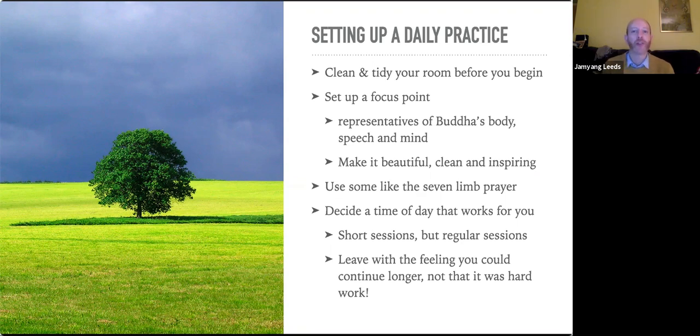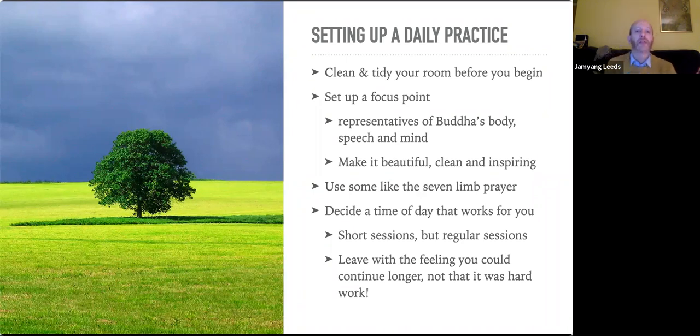Set up a focus point. Traditionally they would say an altar, of course, but here we just want an area where you lay out some inspiring holy objects. We'll look at this more when we look at the module on establishing a daily practice, but the Buddha statue should always go in the middle as a mark of respect for the founder of this tradition that we find ourselves in the last moments of.